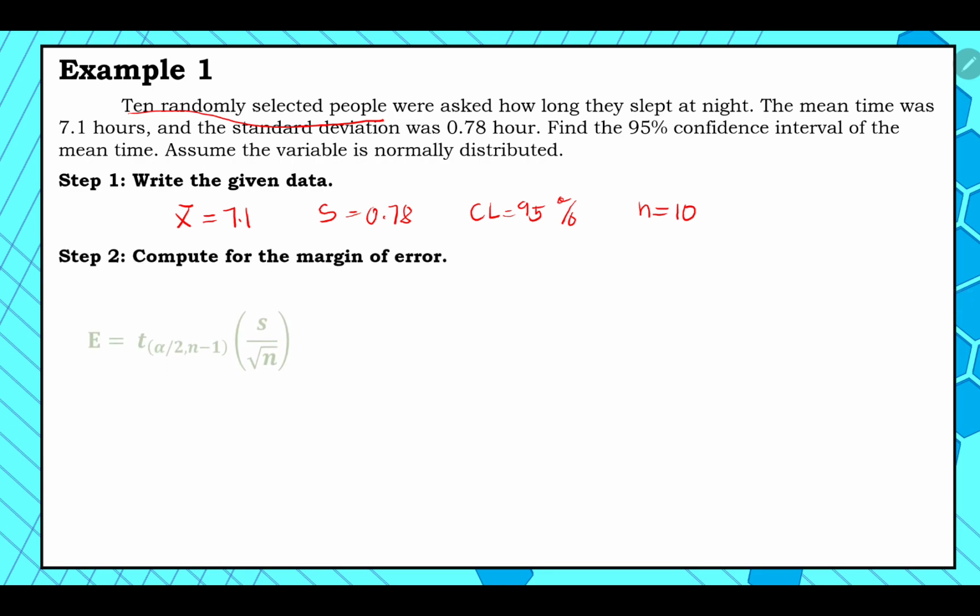To compute for the margin of error, to identify the t-value, this t alpha over 2, n minus 1, we're going to use the 95% confidence level as well as our degrees of freedom, n minus 1. So if we have a sample size of 10, the degree of freedom will be 9, which is from 10 minus 1 equals 9. So we'll have a 95% confidence level and a degree of freedom of 9.